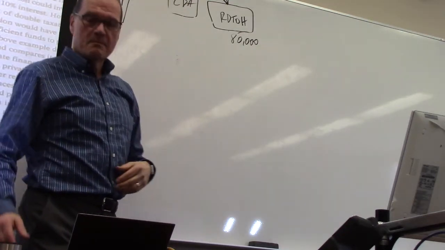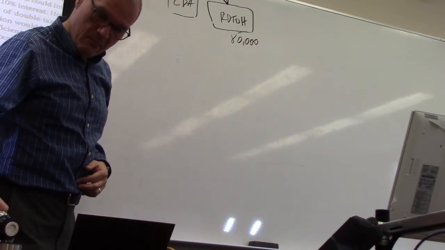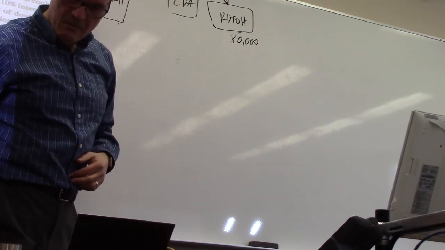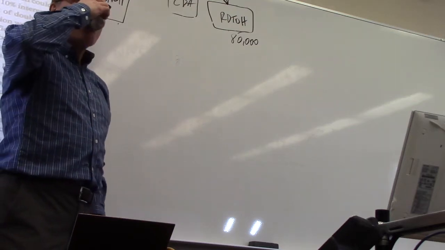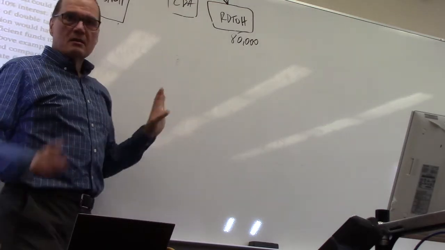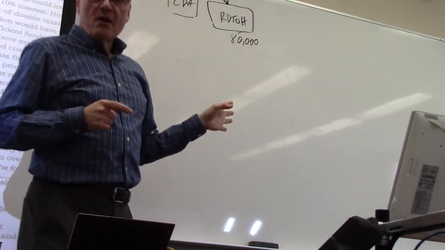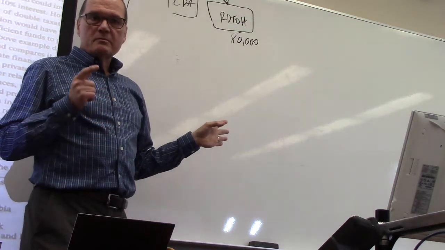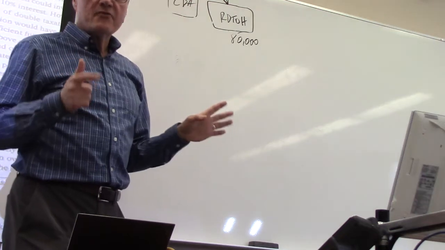Excellent question. Yes? So then in that case, are there instances where you would want to rig it so that you're not using the RDTOH so you could save it for the future or something like that? If you've got a RDTOH, is there any advantage to saving it for the future?